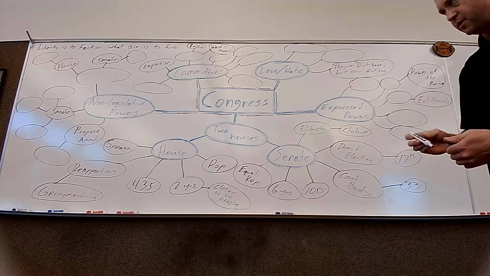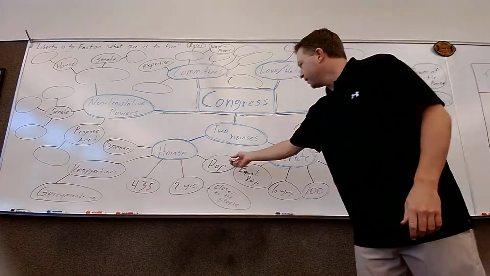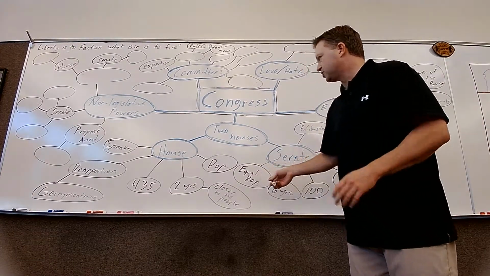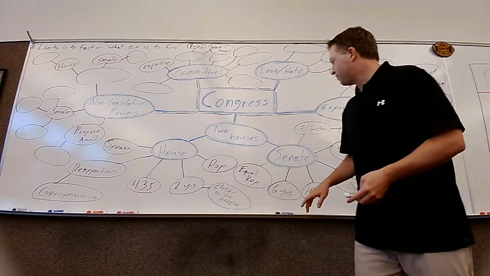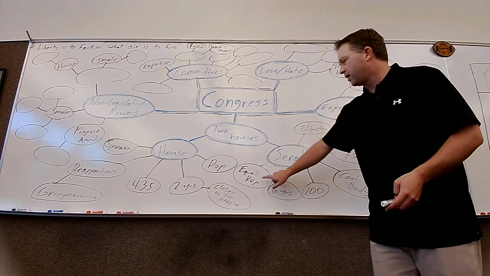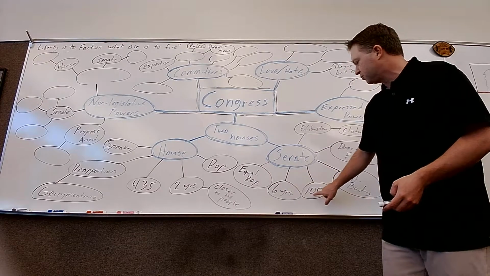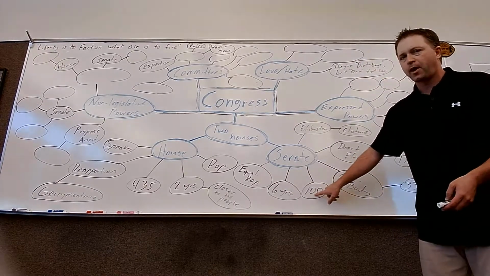Now let's talk about the differences. Population versus equal representation. Again, House is based off population, where the Senate is going to have 2 senators per state, which equals 100. Okay?